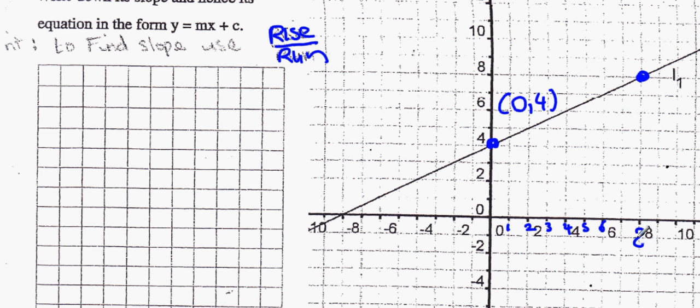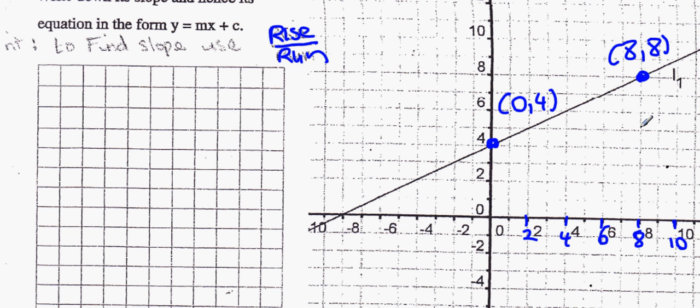Just when you're doing this diagram, keep a quick note on the numbers. Every block is worth 2. That's 4. This one here is 6, this one here is 8, and this one here is 10. So this is actually the point 8, 8.